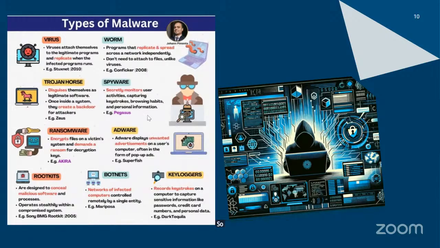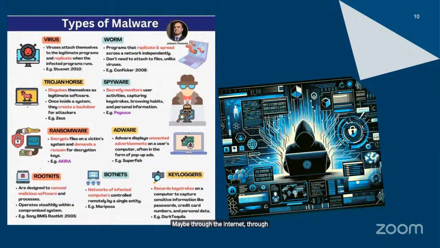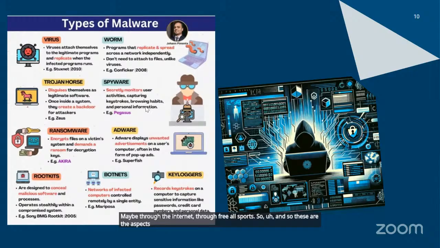Then we also have spyware, which secretly monitors user activities, capturing keystrokes, browsing habits, and personal information. They come to spy on your system, maybe through the internet or free hotspots. So these are the aspects that you need to watch out for. I've talked about ransomware.